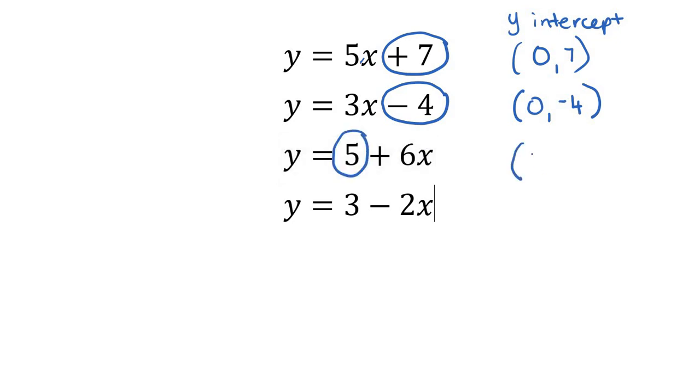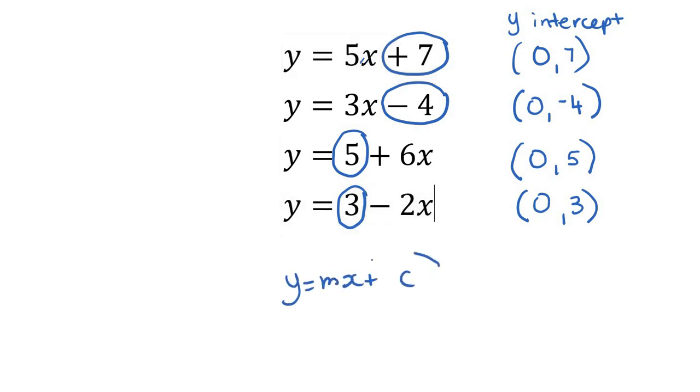My y-intercept is 0, 5. And in my last example, I've got 3 take 2x. The 3 is left when I'm taking away 2 times 0, so when x is 0, my y-intercept is 3. Basically, when you have an equation in the form y equals mx plus c, the value that's on its own, being careful to take consideration of the sign, is your y-intercept. Thank you.